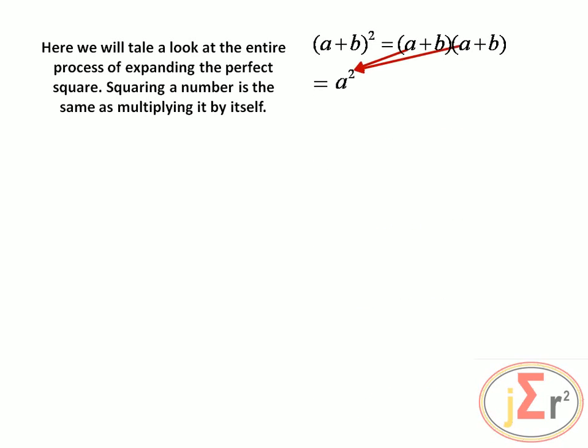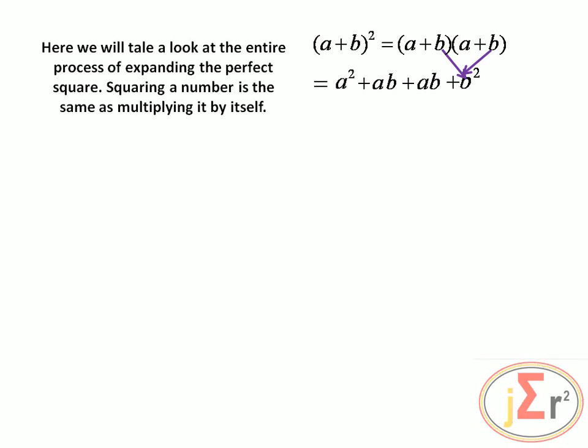A multiplied by a is equal to a squared. A multiplied by b is equal to ab. B multiplied by a is equal to ba, and of course ba is the same as ab, and finally b multiplied by b is equal to b squared.